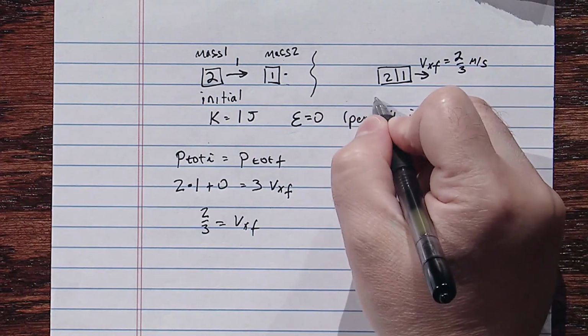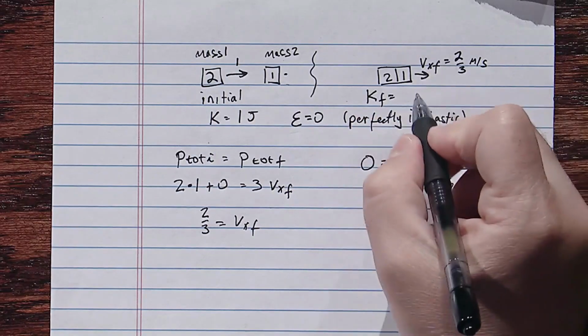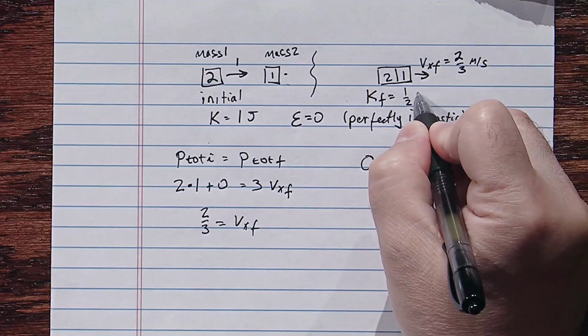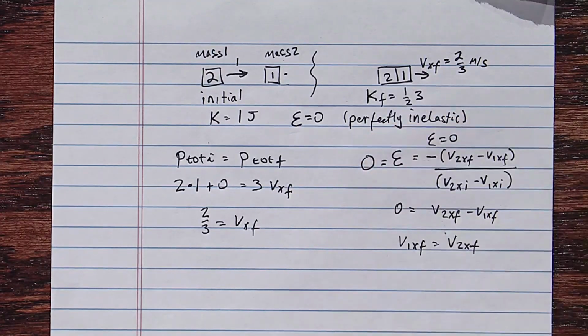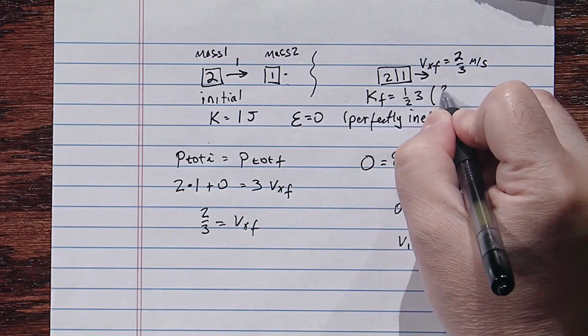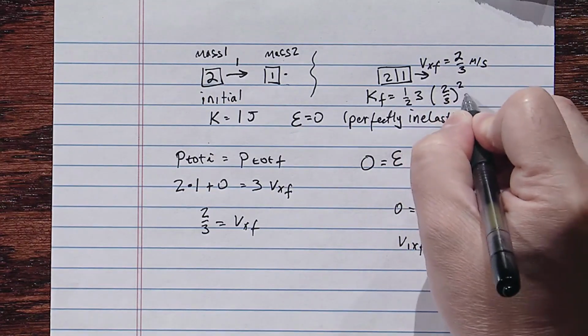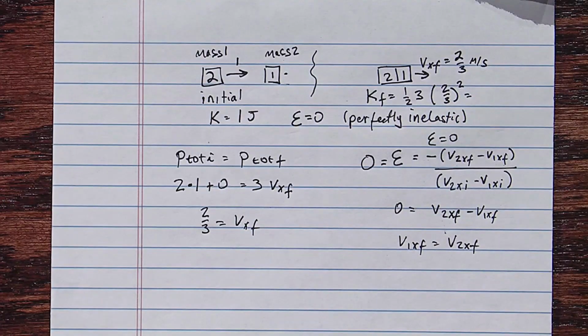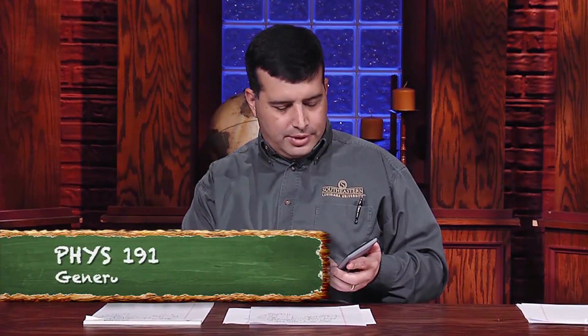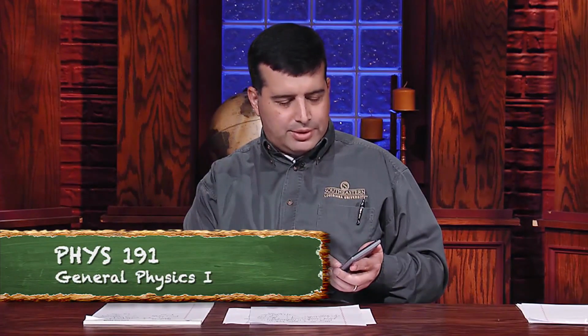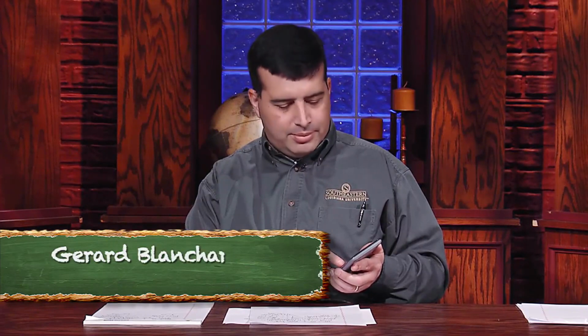And we can calculate K final. It is 1/2 of 3 kilograms now, 2 plus 1 is 3 kilograms, times the speed of 2/3 of a meter per second squared, which gives us 0.667 joules.